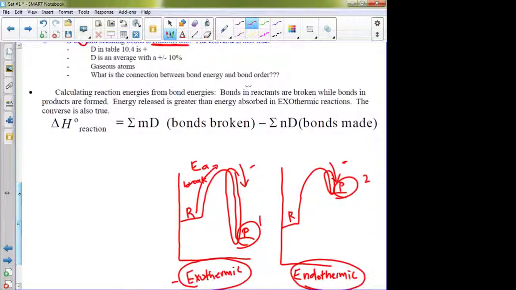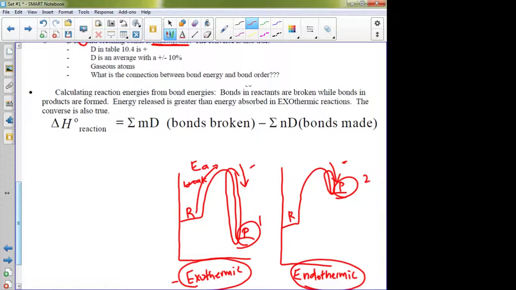Last thing for today is right here. Okay. All right, calculating reaction energies from bond energies. Do not get this confused with the thermodynamics. Okay? In thermodynamics, we do the sum of the energy of the products minus the sum of the energy of the reactants.